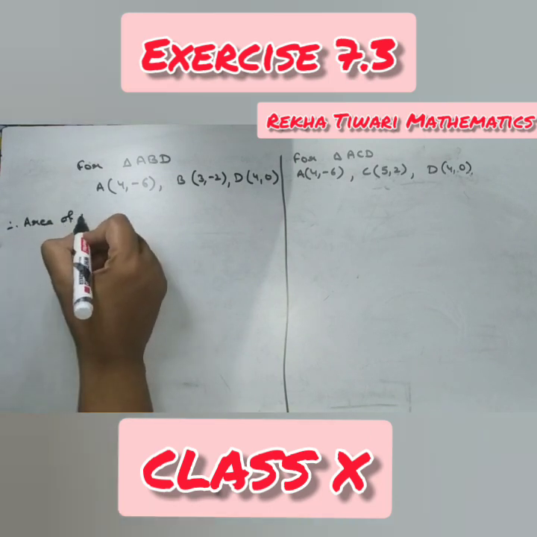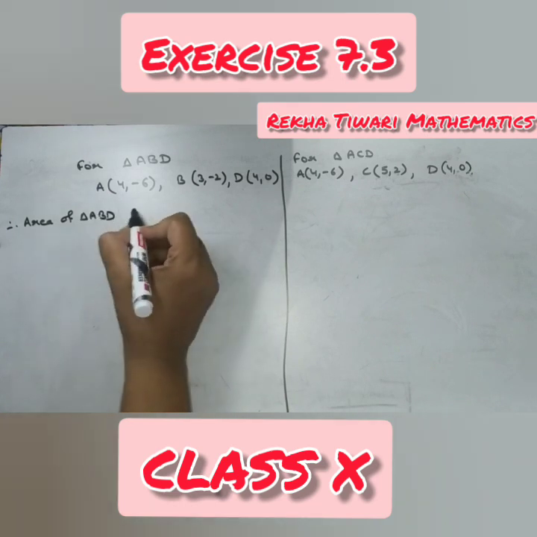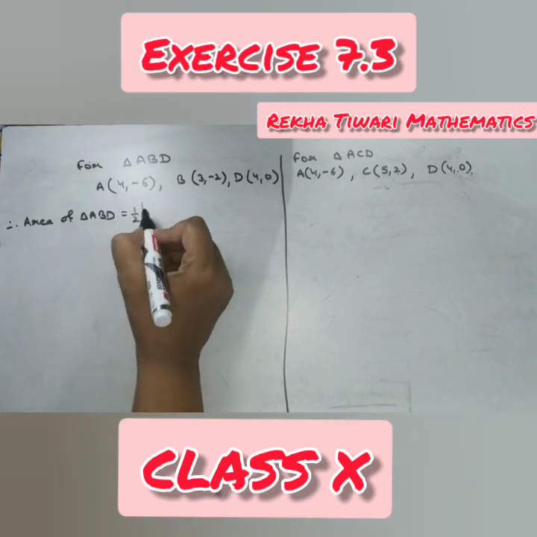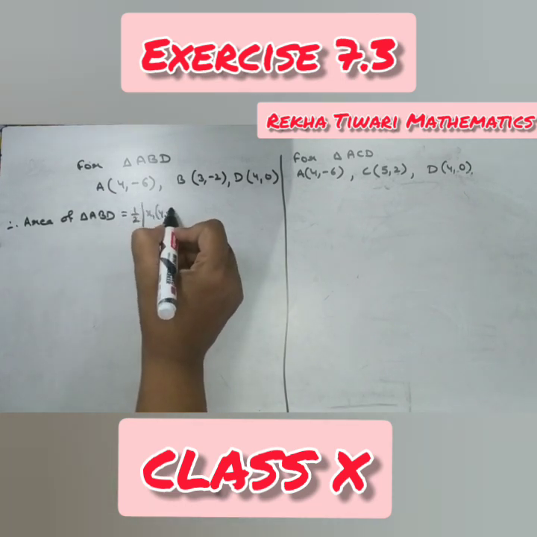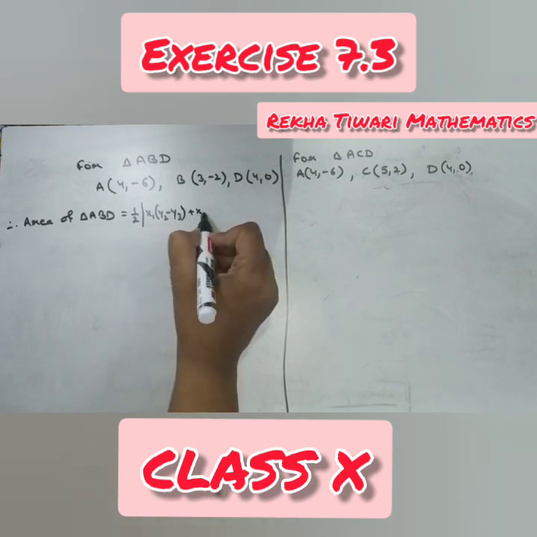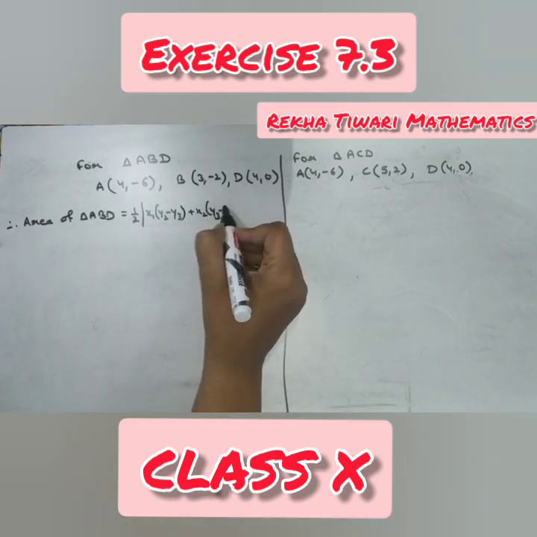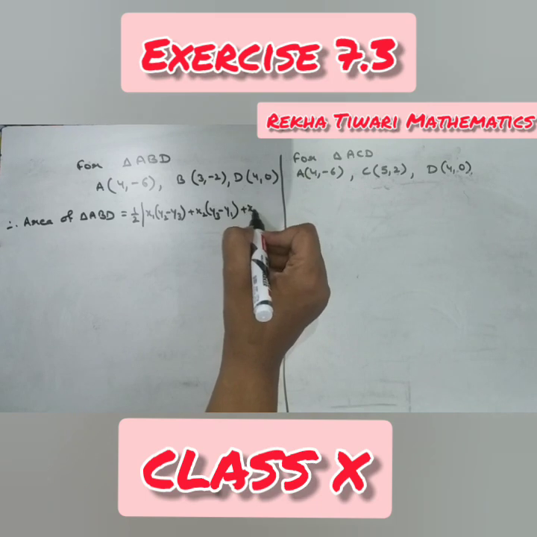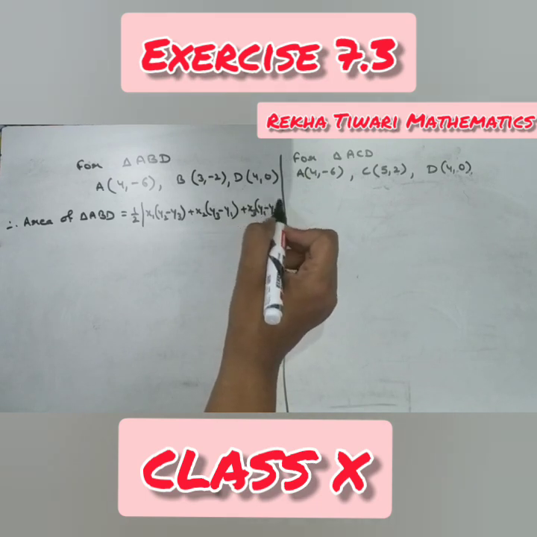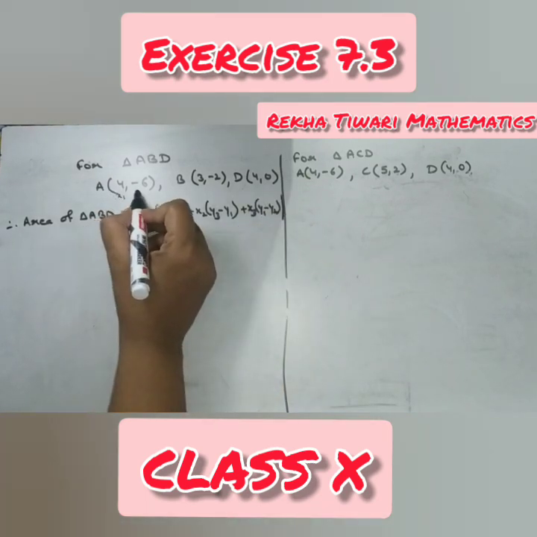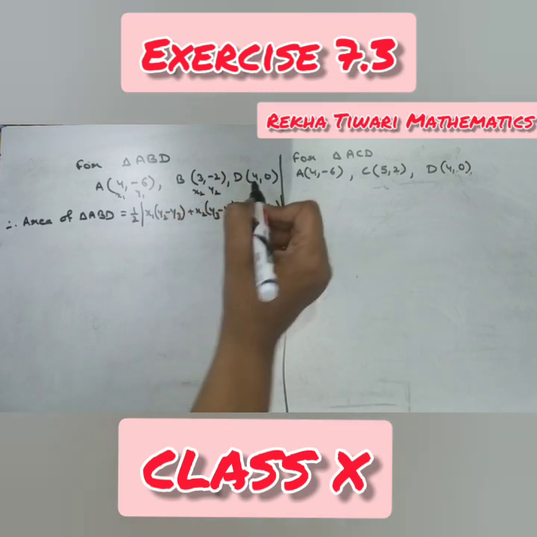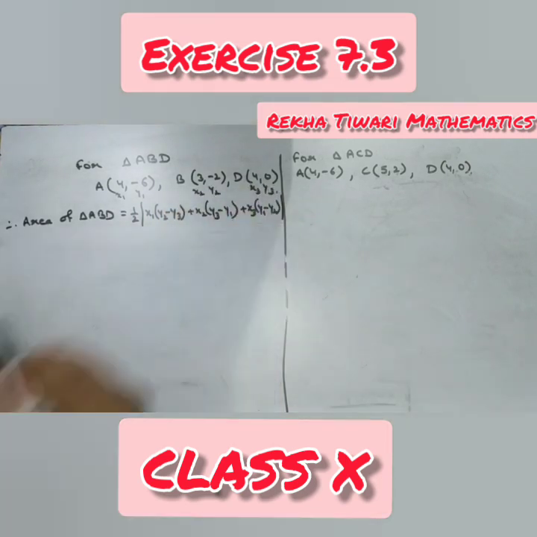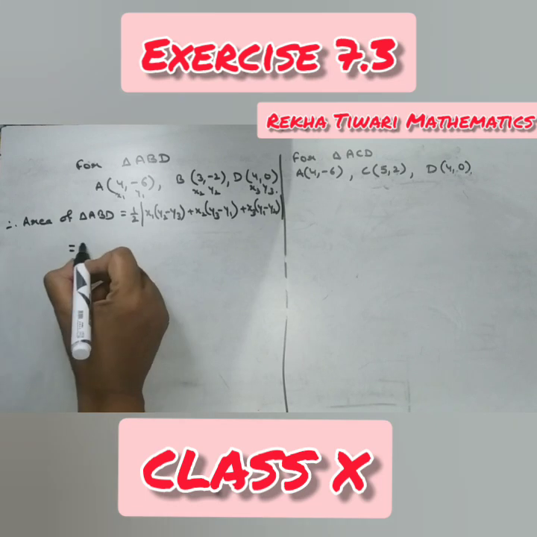area of triangle ABD is equal to half mod x1(y2 minus y3) plus x2(y3 minus y1) plus x3(y1 minus y2). This is x1 y1, x2 y2, x3 y3. Put in the values.